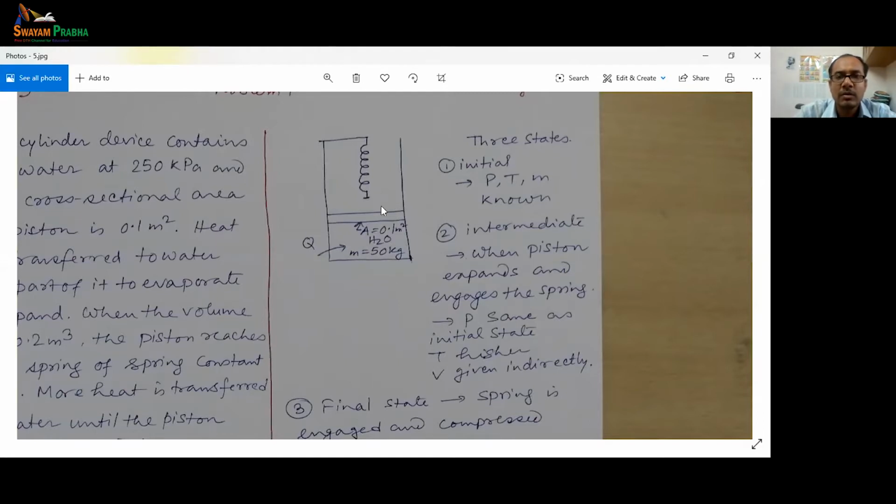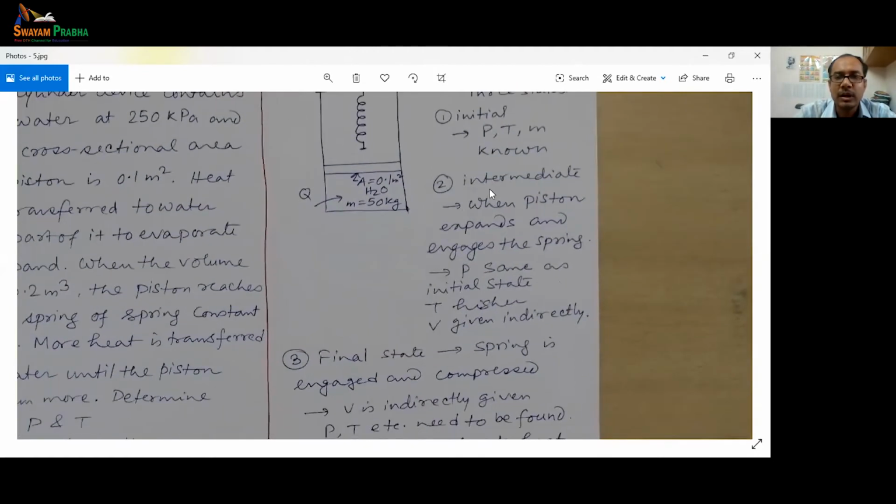Okay, so now in the whole process, we can find three major milestones here. The first state is the initial state, where the pressure, temperature, mass, everything is known. Okay, the volume is not known, we will have to find it out.